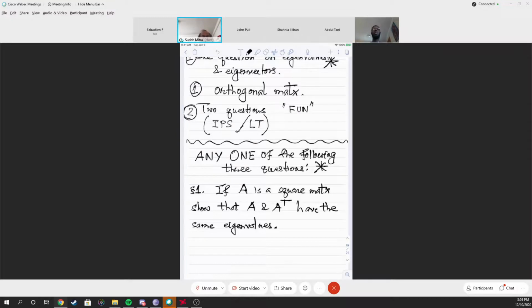So let's do this. The characteristic equation for A is determinant of A minus lambda I equals 0.